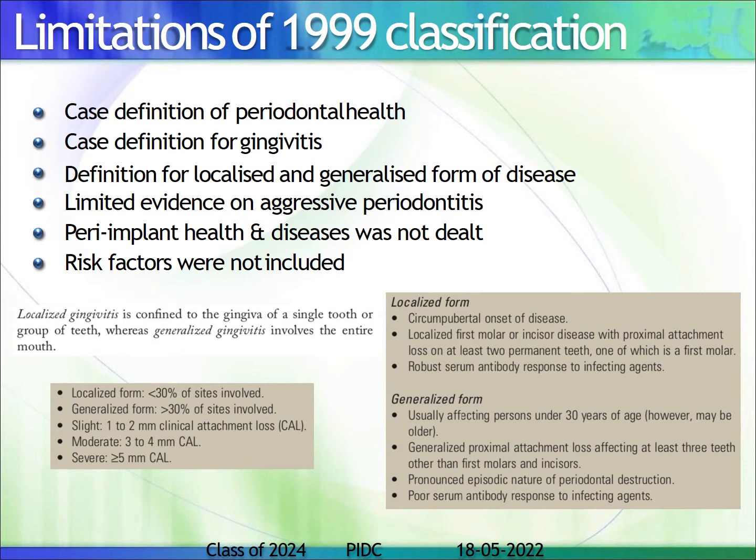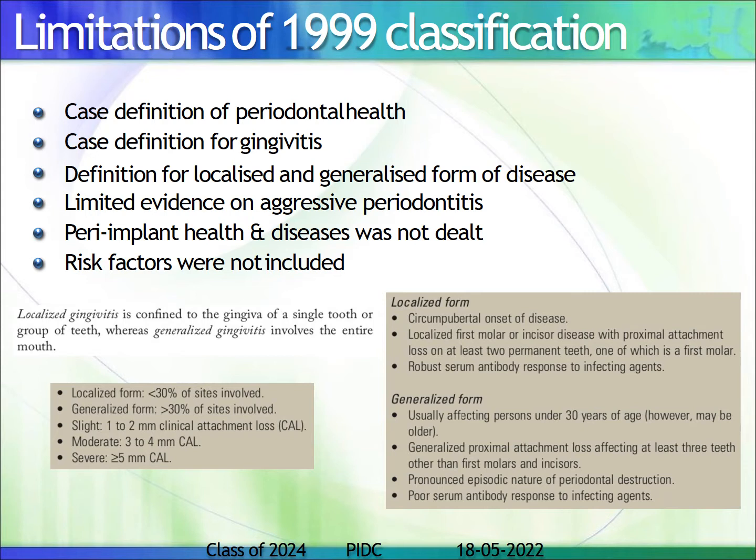They didn't have proper evidence. Peri-implant health and diseases were not dealt with in the previous classification. Risk factors were not included as a major criterion for diagnosing or classifying the disease. So because of all this, the 99 classification was considered, not as a failure, but a little lower than the present classification.